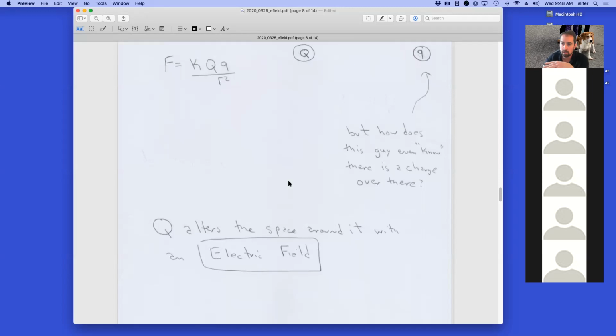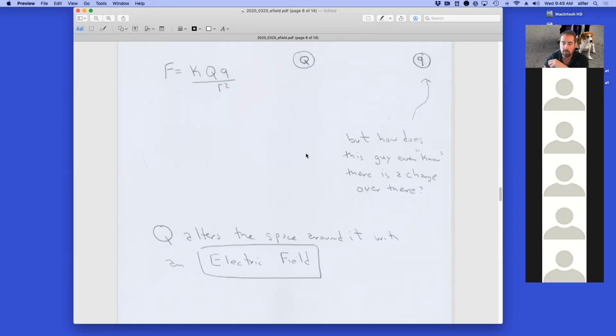But the concept is this idea of an electric field, and what we envision is that this source charge alters the space around it in some physically real way, and that modification of the space around it is then picked up by this charge over here.